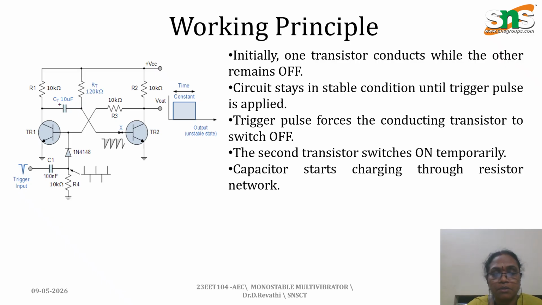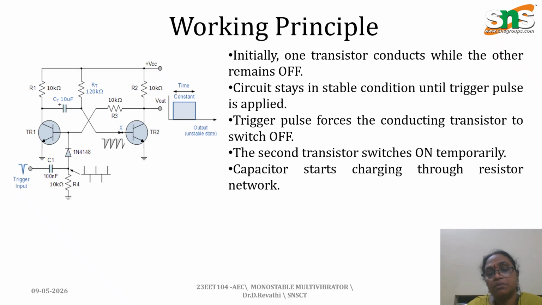TR1 is in off condition. In the on-off condition, the collector of TR1 is high, which is given through C1 and reaches TR2. Once the trigger value is given, if it is more than 0.7, then TR1 will turn on, which means the collector of TR1 is low and given to the base of TR2, automatically it is cut off.